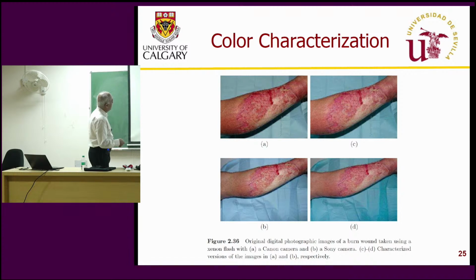There is a bit of a magenta here, which is not there. After calibration, what is called characterization, these are the images where they are almost the same in color, except for the scale. The color difference here has been reduced. So you could say this is the correct color.